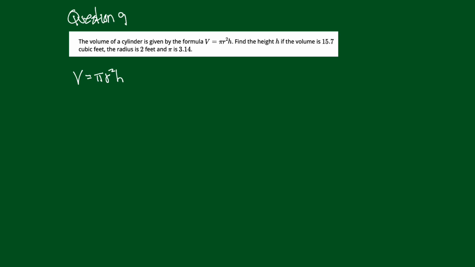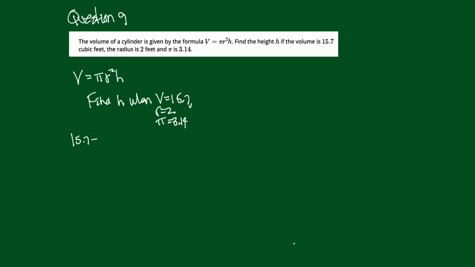And we want to find h when the volume is 15.7 and r is equal to 2, and pi we're going to approximate with 3.14. Let's substitute these numbers in and we will get this.